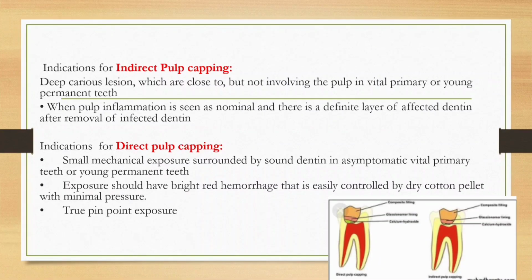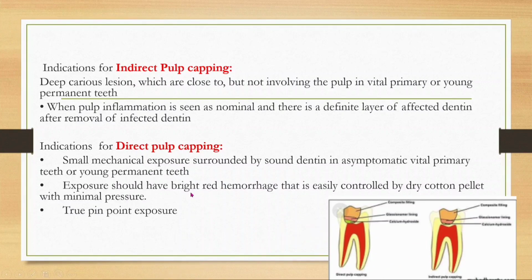Whereas direct pulp capping, when we have a small mechanical exposure surrounded by sound dentine in asymptomatic vital primary teeth. Okay, indirect we are doing on a deep caries lesion, but direct we are doing on a mechanical exposure by use of a rotary instrument.